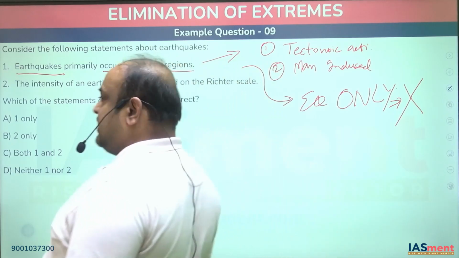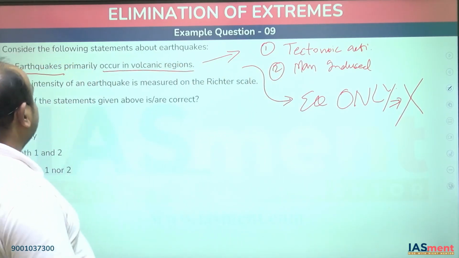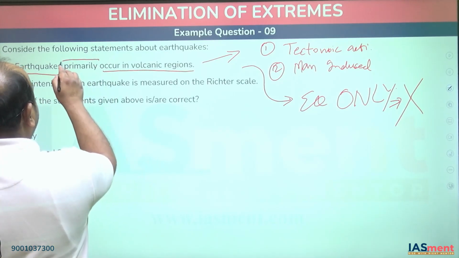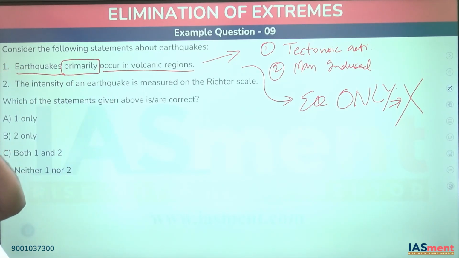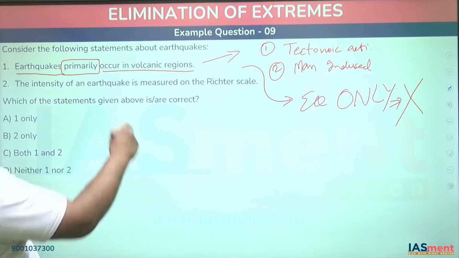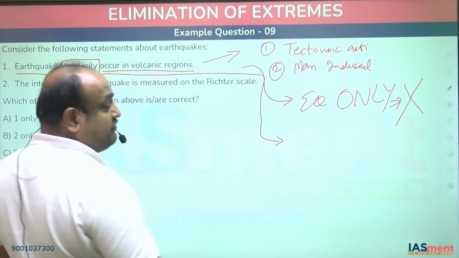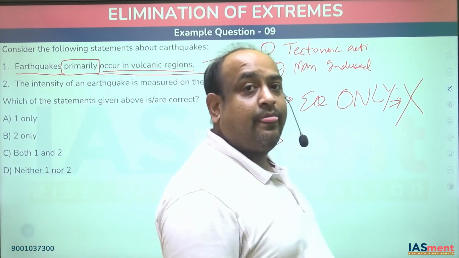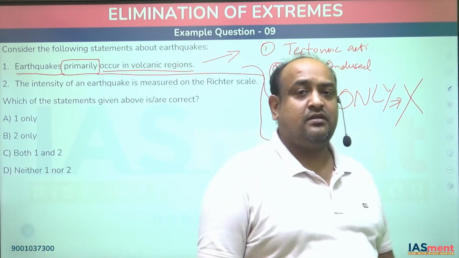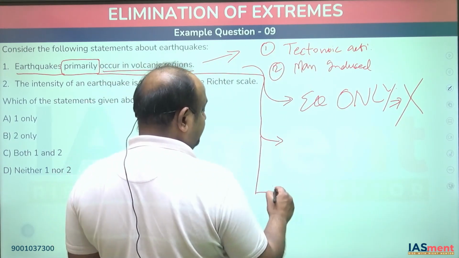But if we read the statement carefully, they have given a word called primarily. Now the word primarily, aspirants can think two things.